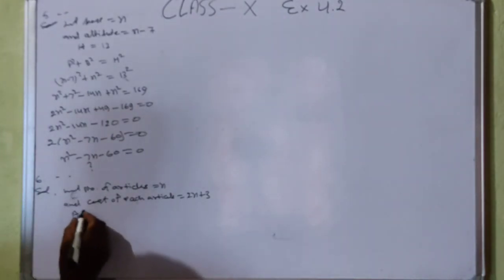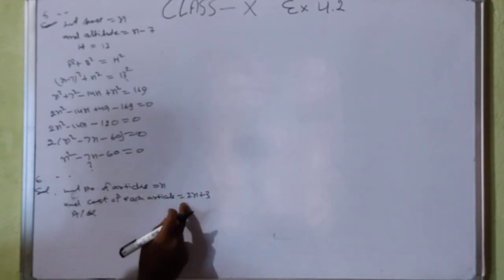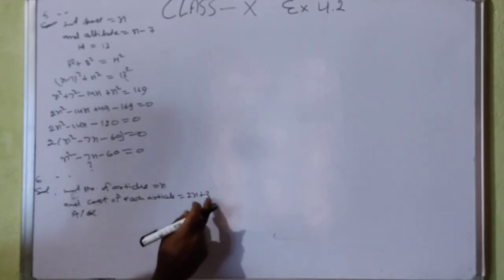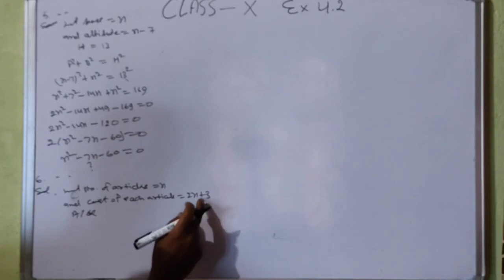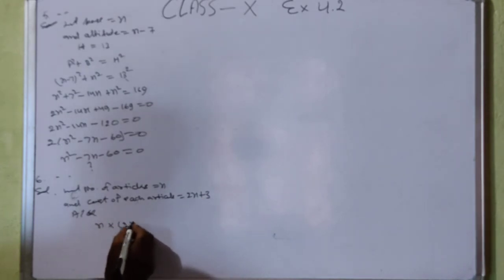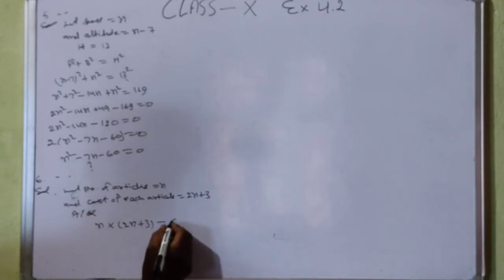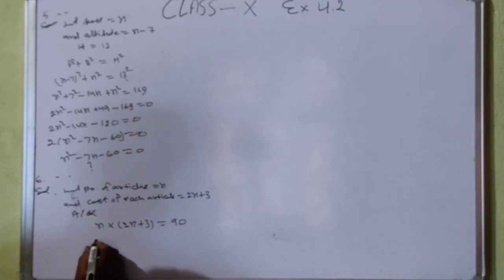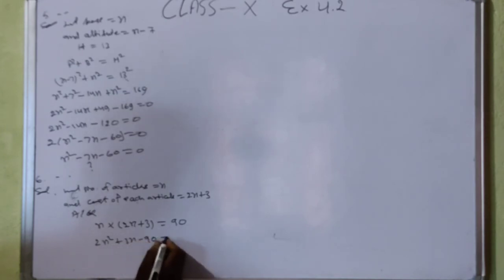Now according to the question, the number of articles multiplied by each article's cost, the product, will be 90. So 2x square plus 3x minus 90 is equal to 0.